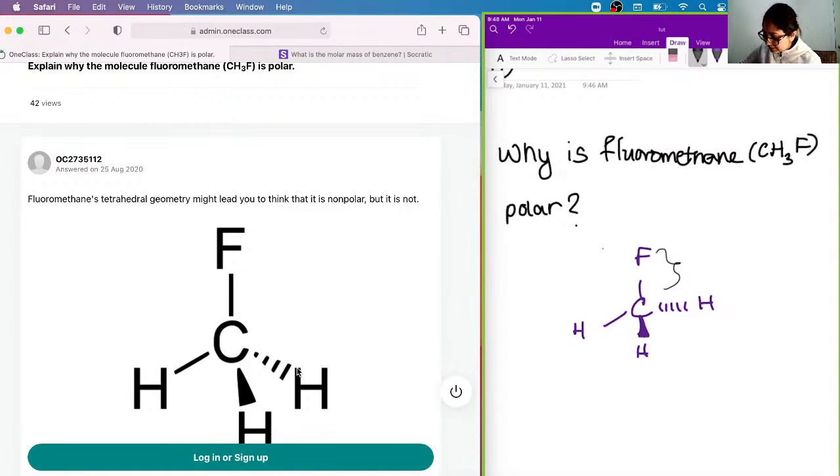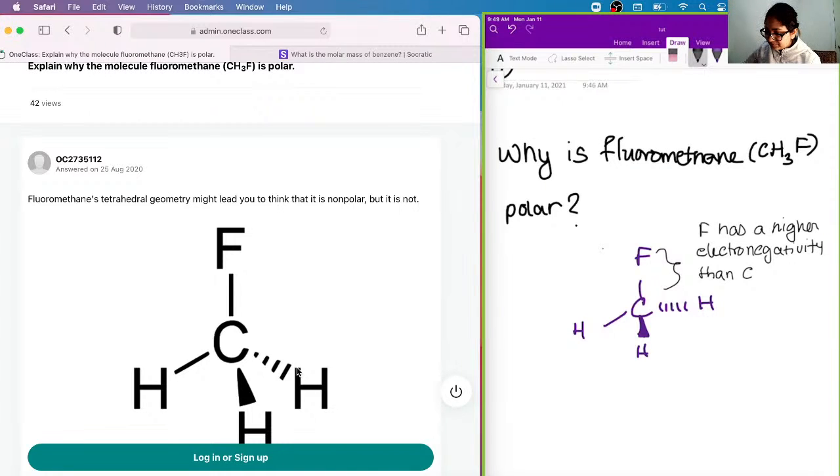So this is why fluorine has a higher electronegativity than carbon.